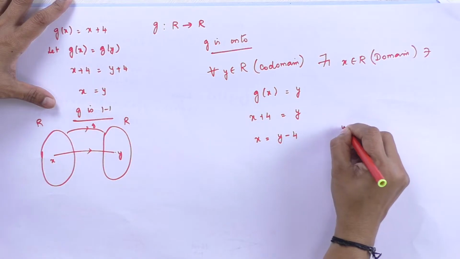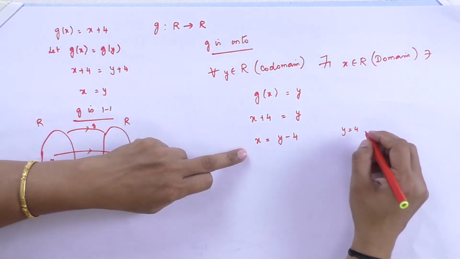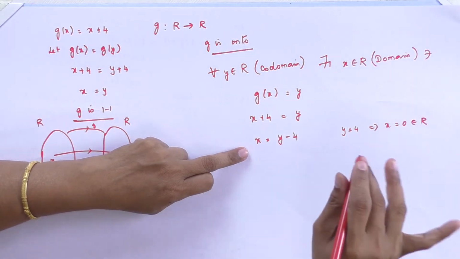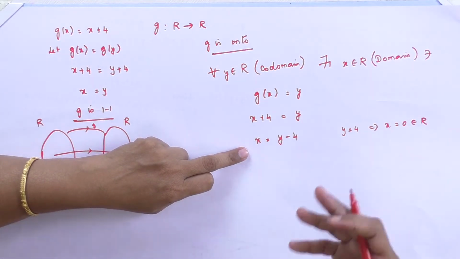Suppose my y is equal to 4. What do I get? In this case, my x will be equal to 0, which is a real number. We will have to check for each and every value, at least for a few values of y.